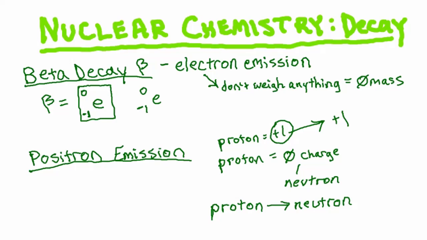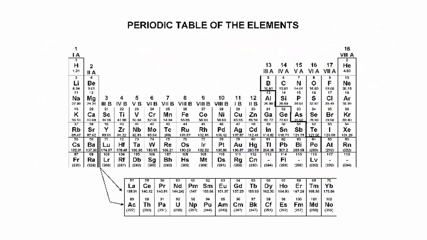So that lessens the proton amount in the element's atom, which would change the atomic number, which would again change the actual element. So if we go back to our periodic table, here's 6C right here. It has 6 protons right now, and it's carbon. But if it got rid of its positive charge, then it would only be 5 protons, because that 6th proton turned into a neutron.